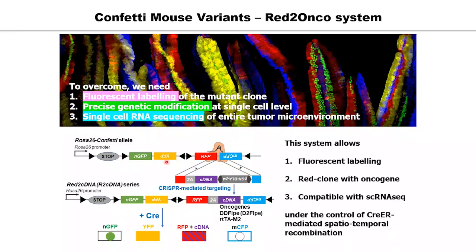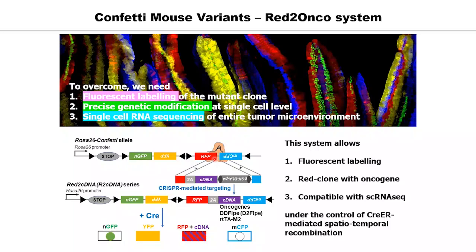And I came up with an idea to modify the ROSA26 confetti allele, which was initially developed by Hans Clevers' lab. And here we have a stopper which blocks the expression of the lineage tracing cassette that contains 4 different fluorescence colors. And what we have done is we modified the RFP in a way that it can accommodate another cDNA downstream of it.